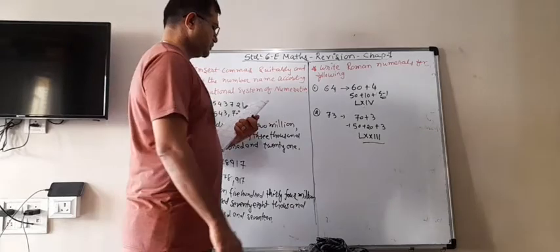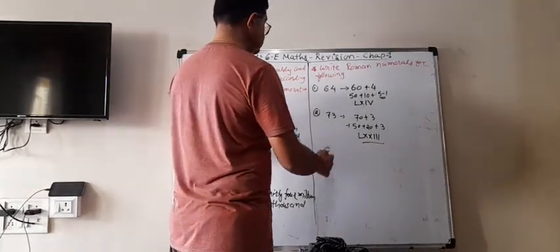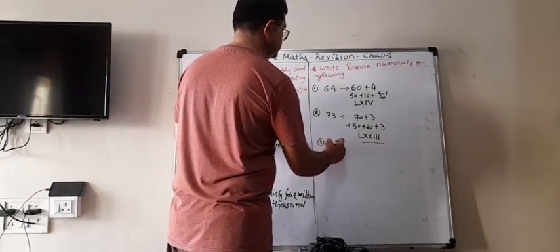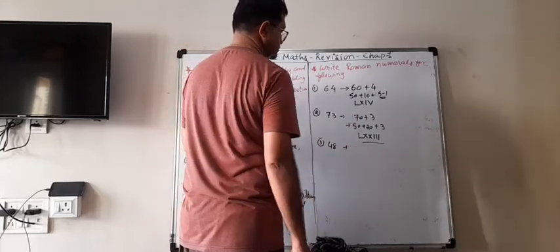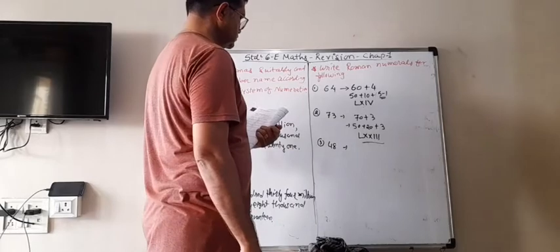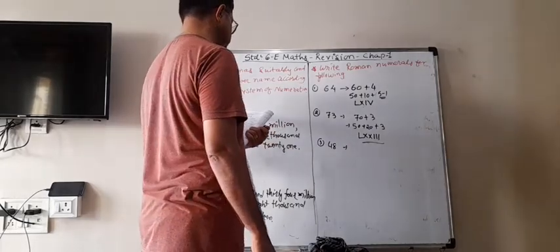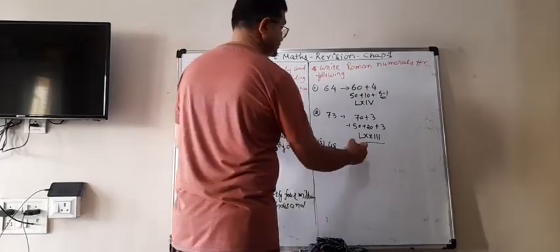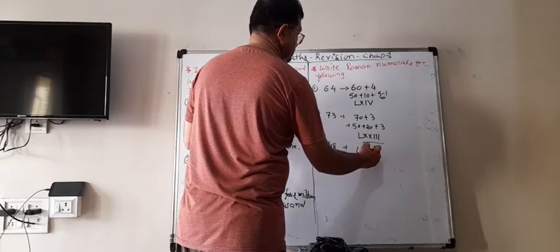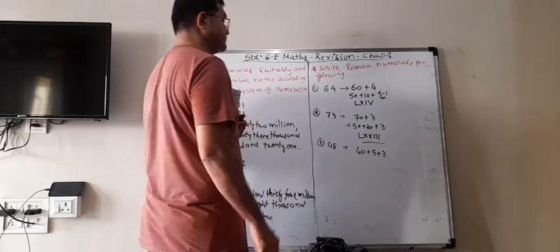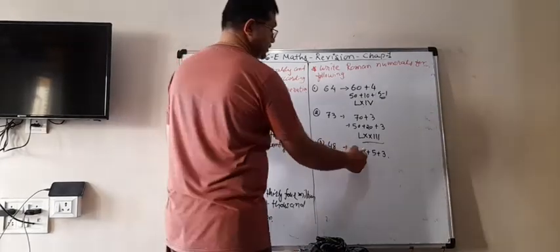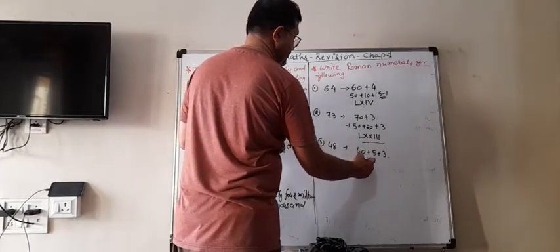Then let's take another one, say 48. 48 is written as 40 plus 5 plus 3. 40 we can't write down directly, so 50 minus 10.